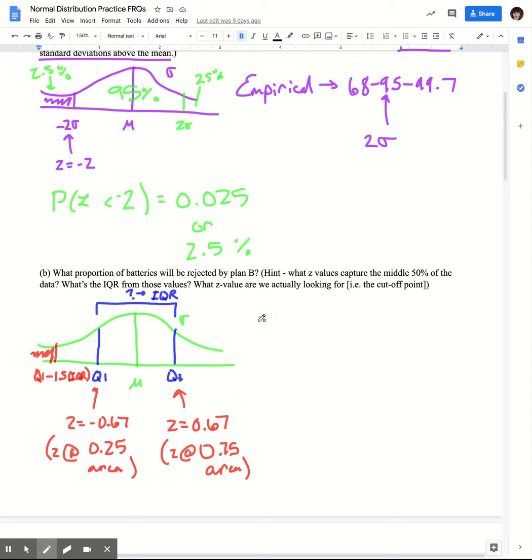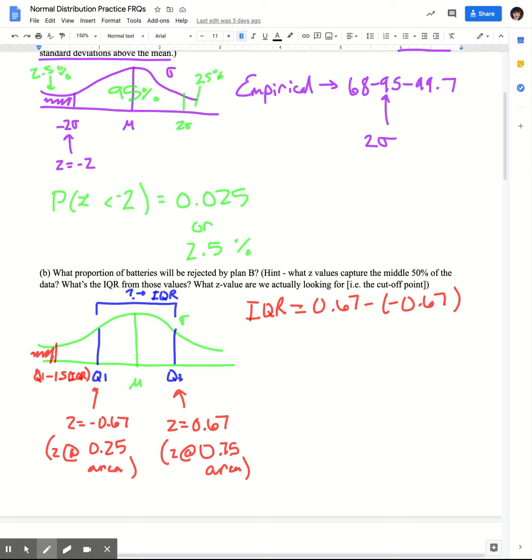Okay, so that means my IQR for my Z-scores is 0.67 minus negative 0.67. And remember, it doesn't really matter what the mean and standard deviation are because they told me it was a normal distribution, so I can just use Z-scores, right?